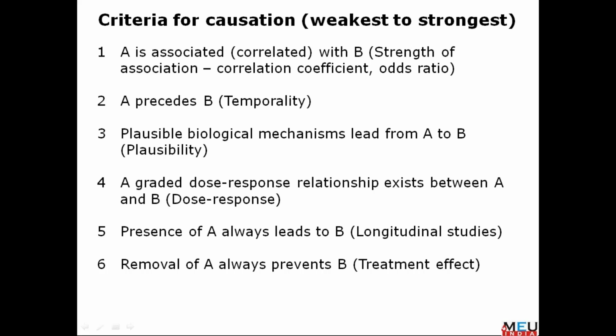Whether a graded dose response exists between A and B. I mean, we increase the dose of a drug or a stimulus, or whether a certain intervention increases, does it lead to the causation? Presence of situation A always leads to situation B, that is longitudinal studies. Or removal of situation A always leads to B, the treatment effect.